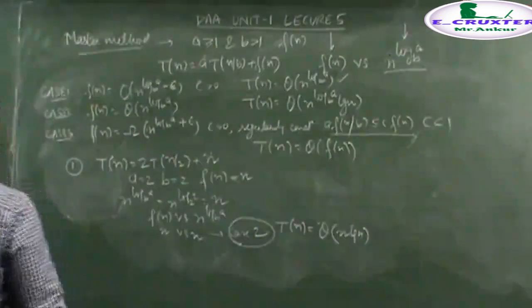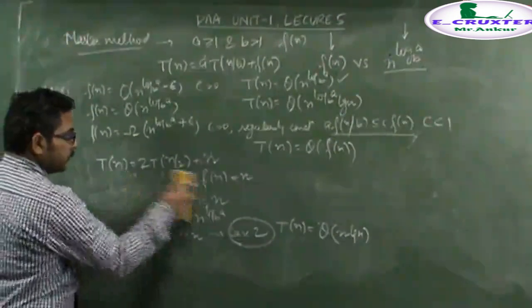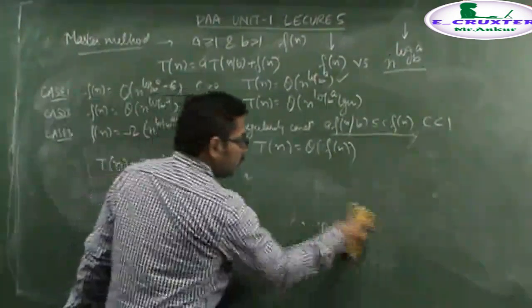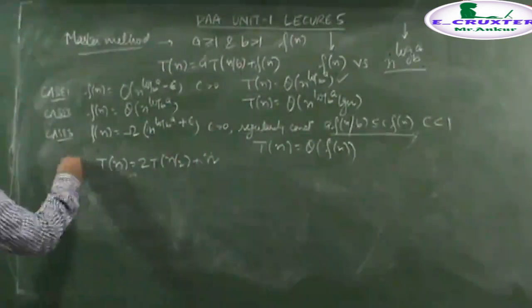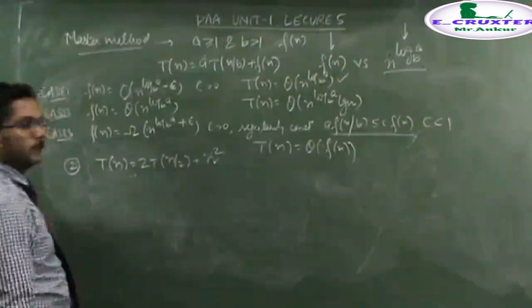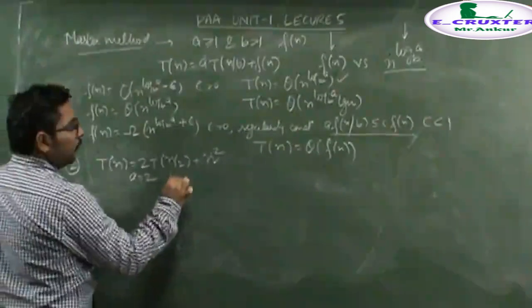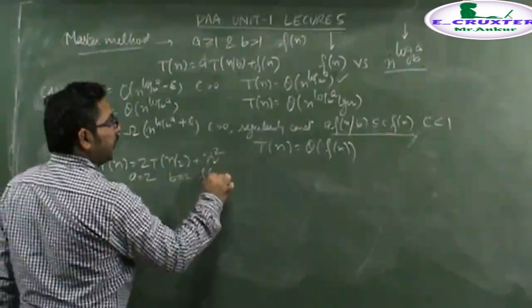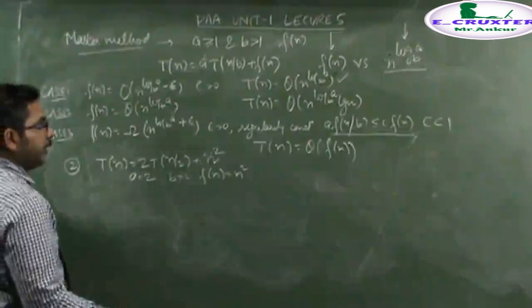Now, taking the second example, I am covering 3 examples to make you understand this topic. Let's say T(n) equals 2T(n/2) plus n square. Here also the value of a is 2, the value of b is 2, and f(n) is n square.